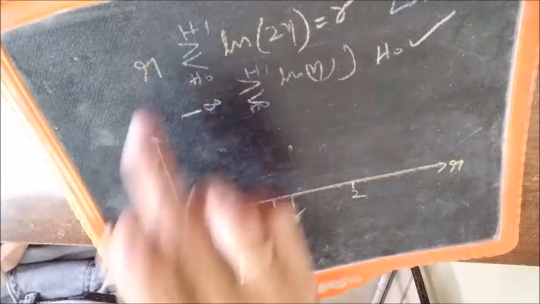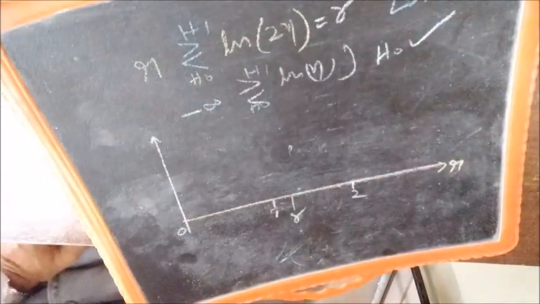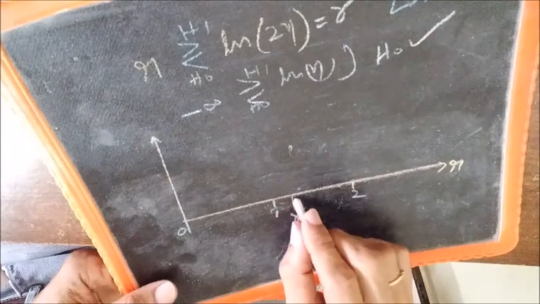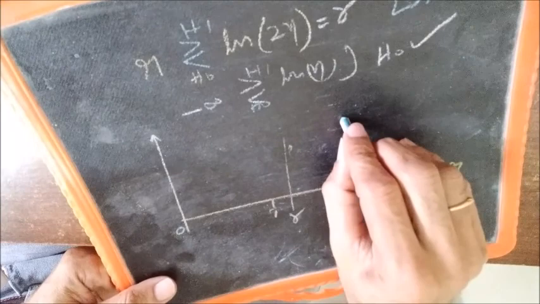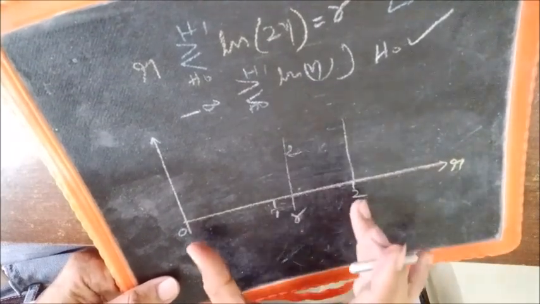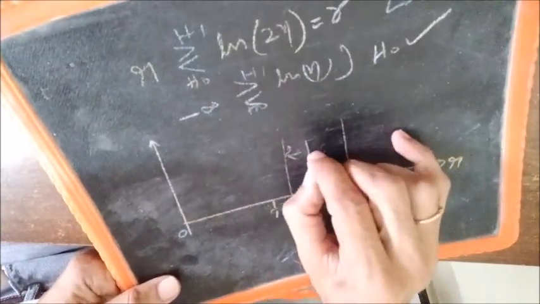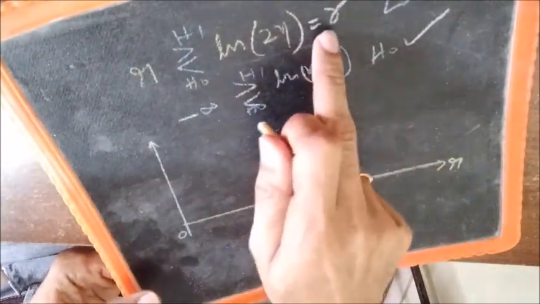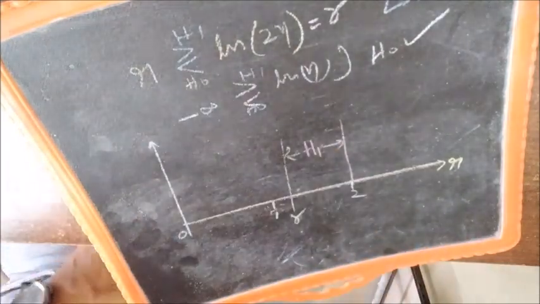So whenever r is between 0 and 2 and r is greater than gamma, that is this region. R is between 0 and 2 as well as greater than gamma. In this region, you are declaring H1 as the true hypothesis.